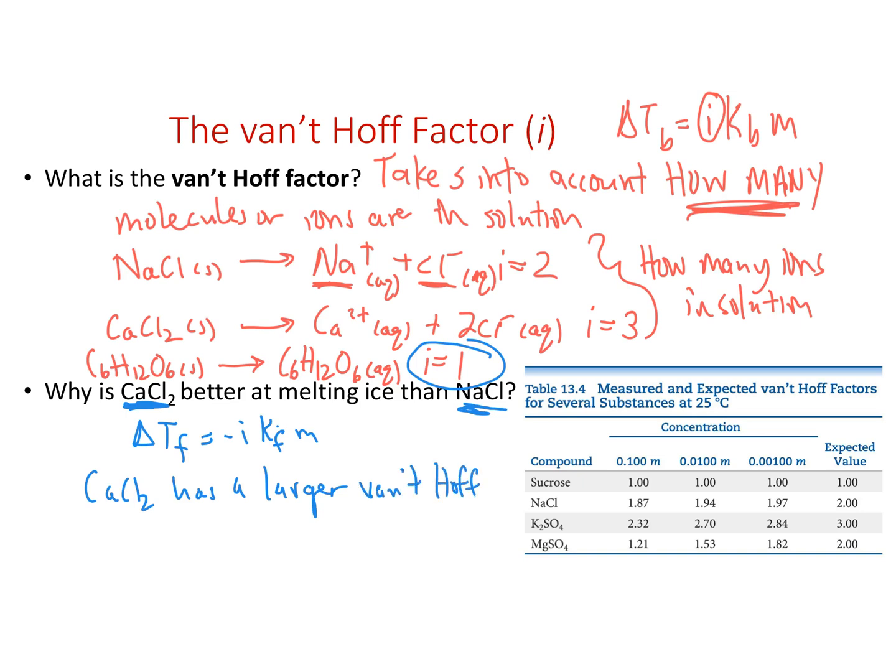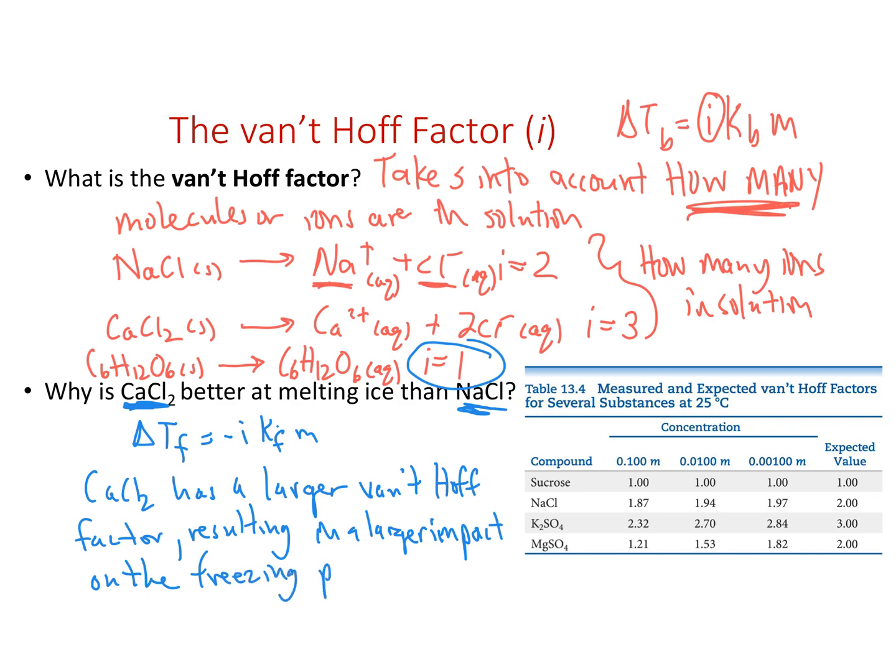And that'll result in a larger impact on the freezing point depression of ice. Looking at this calculation, all things being the same, if I'm dealing with a sample of ice, my freezing point constant's the same.